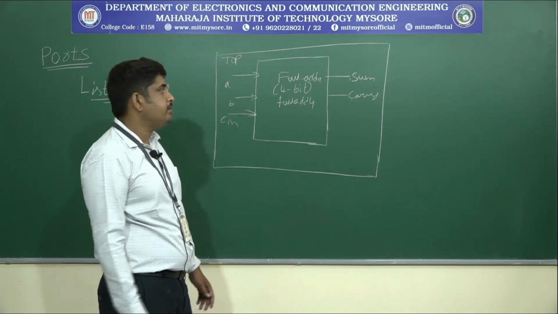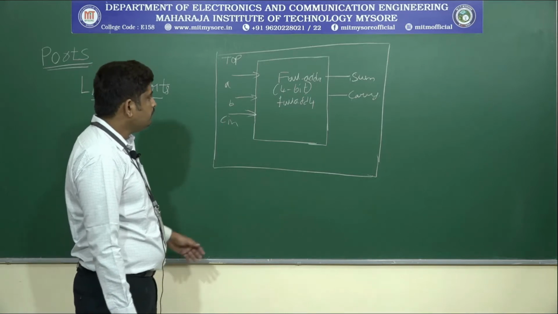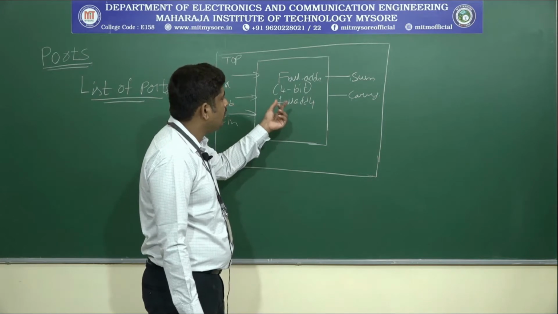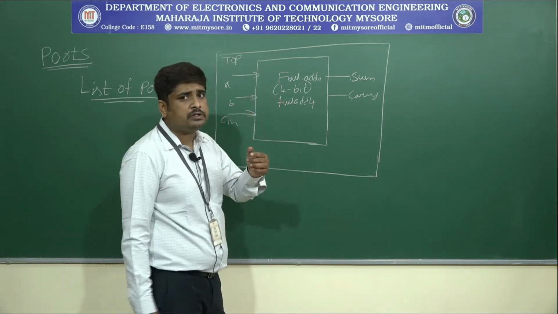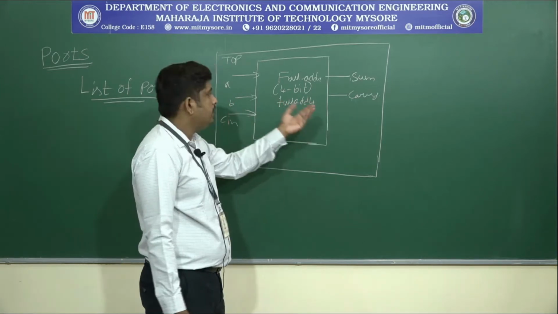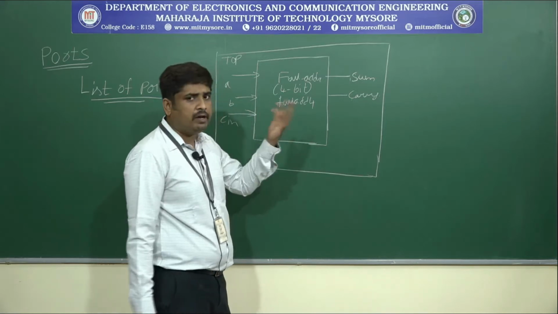This is a simple example where we have to define the list of ports. Here is the 4-bit full adder circuit. Out of the 4 full adders, we assume one full adder here and name it full add 4. The remaining are full add 1, 2, 3. You can assume any one of the adders.